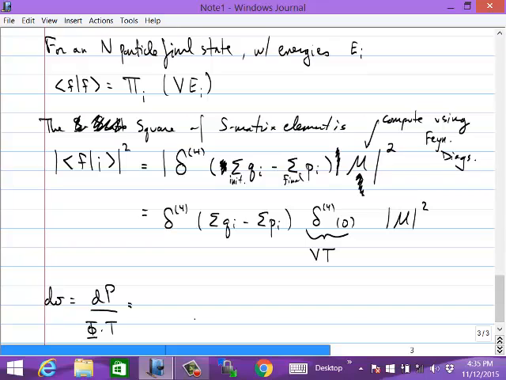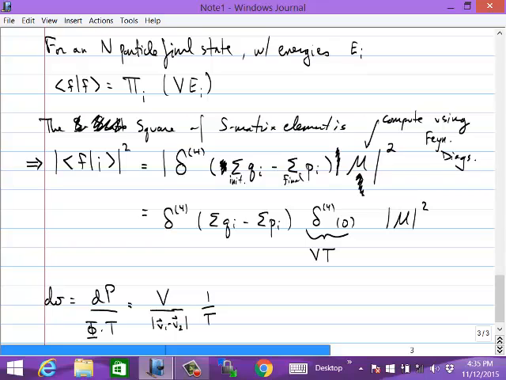So if you have two incoming particles, then the flux is the difference in the velocities of the particles divided by the volume. We have a 1 over time. And what was dP? Well, in the numerator you had this transition probability.